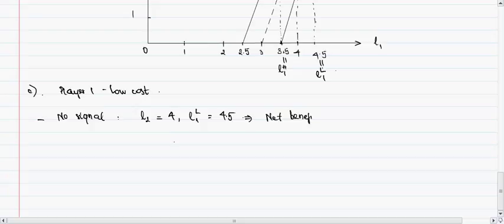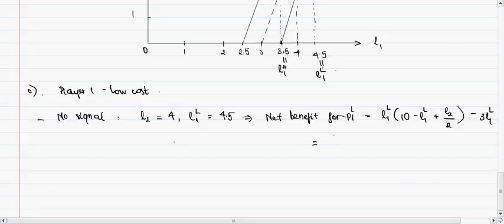so the net benefit for player 1 of the low cost is going to be equal to, if we use the net benefit or the objective function of player 1 of the low cost in part A, L1 of the low cost multiplied by the average benefit, which is 10 minus (L1 low plus L2) divided by 2, and minus the total cost of player 1 of the low cost, which is 3 L1.